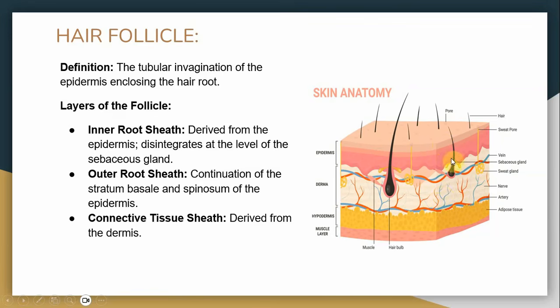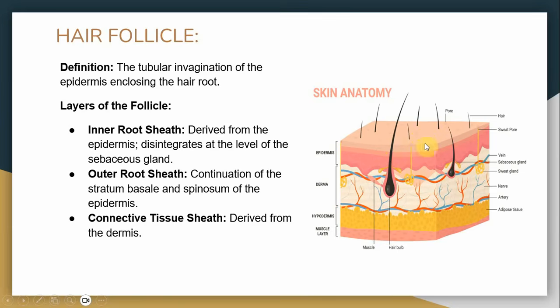Then they open above, somewhere just here on the surface of the hair follicle, above the sebaceous glands. They do not directly have any sweat pore to open to the surface of skin.